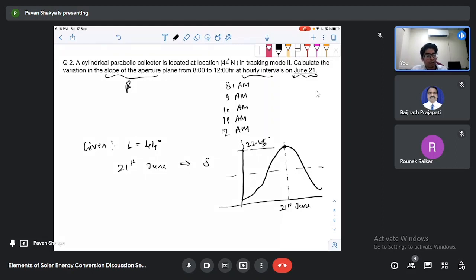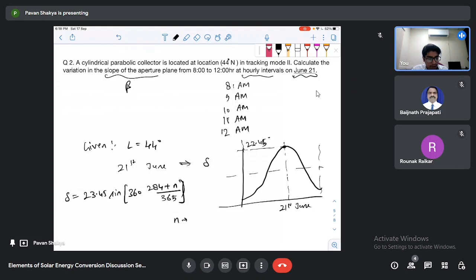Or if you are not able to memorize it, then you can solve it from the formula, delta is equal to 23.45 sine of 360 times 284 plus n divided by 365. And n you can compute from the date that is given, 21st June, counting from Jan 1.